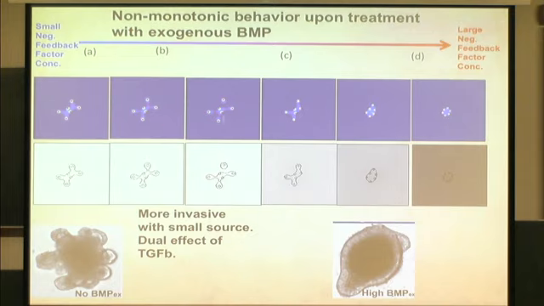These are all at the same time, but with different amounts of the factor added. And so, in fact, you can make the tumor or organoid more invasive, or at least more branched, more fingered, by adding a little bit of this factor, and then you bring it back down when you add a lot of it.